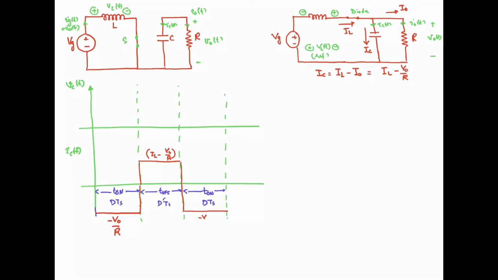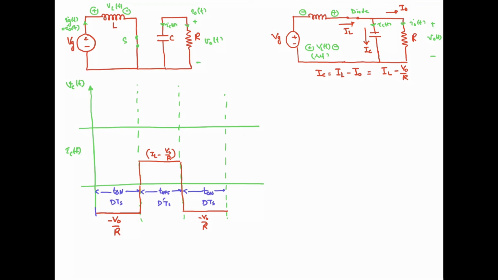And again, when the cycle is repeated, this will be equal to minus V naught by R. And then in the second cycle, it is the current in the direction of the assumed reference polarity IC, so it is in the same direction, so we have considered it positive. So this is the capacitor current waveform.